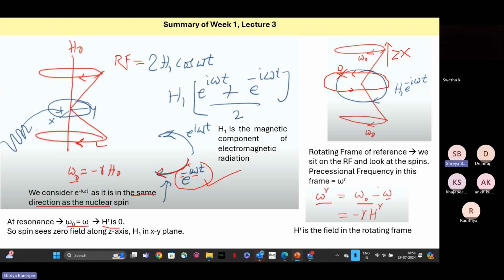When these two are equal, the observer will think that the angular momentum is stationary. It is not rotating at all. So if the angular momentum is stationary, then in the z direction there is no magnetic field. So the net magnetic field along the z axis is 0.